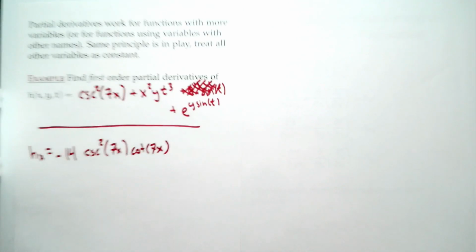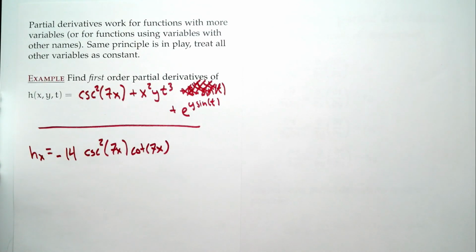You know your derivatives. Now you're probably thinking, how did he get those numbers? Okay, let's talk about where numbers came from. If you're taking the derivative of cosecant squared, what rule do you need to use? Chain rule, because it's the cosecant inside the square. It's actually the 7x inside the cosecant inside the square. So it's like double chain. All right. So the 2 comes down. You have cosecant of 7x to the 1.